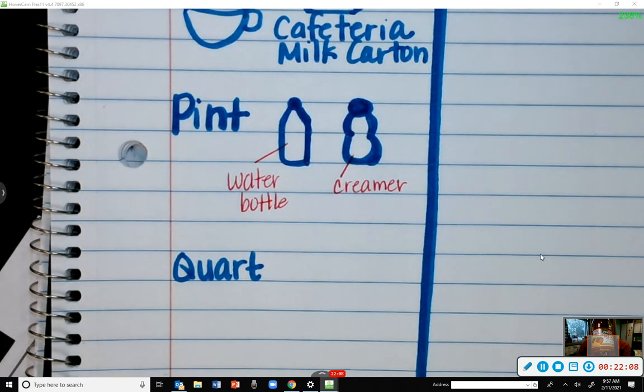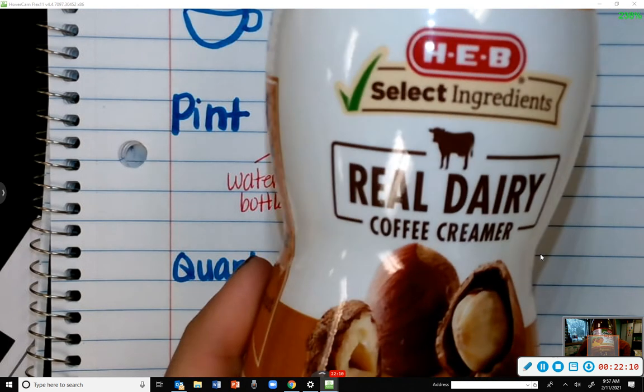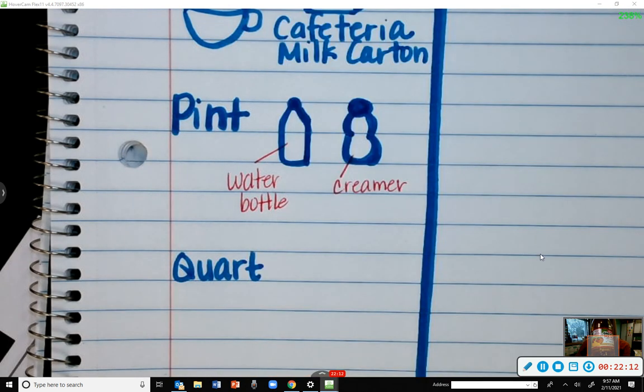Well, it would be 2 of these, 2 coffee creamers. What example did we use yesterday? Do y'all remember? No. Allie? Those yogurts. No, those were cups. Not the yogurts. What about the cardboard containers of juice? Yeah.